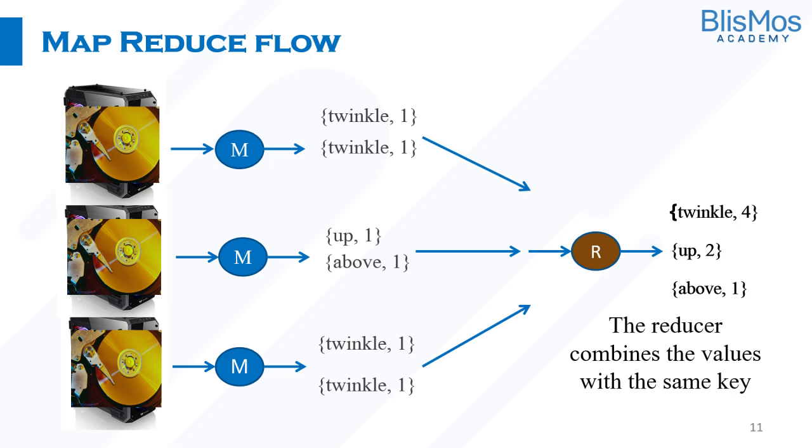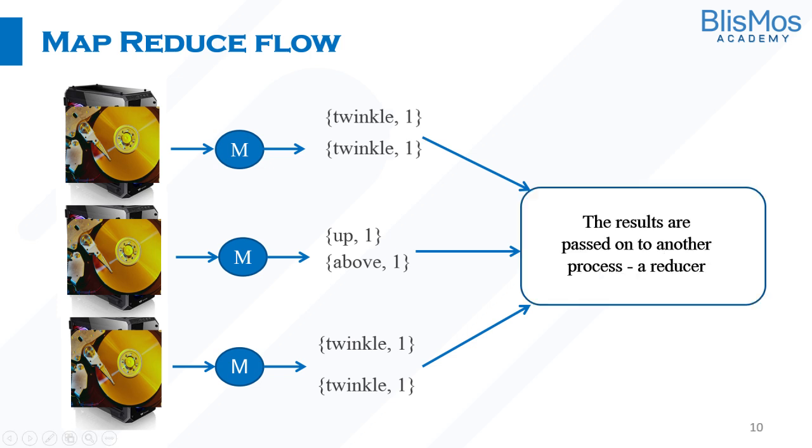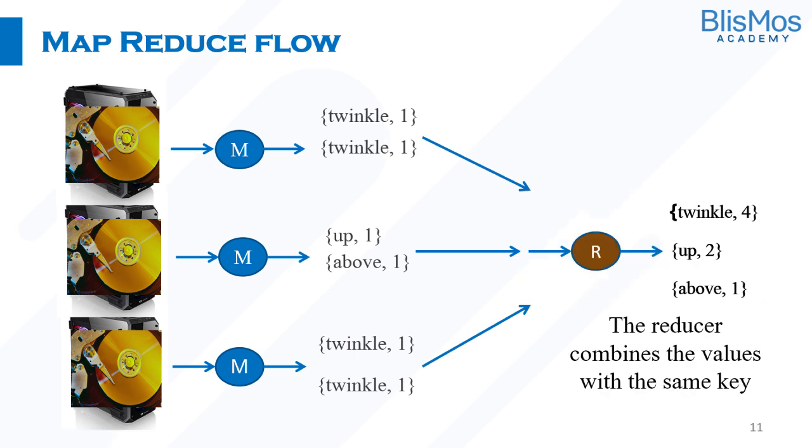Yes, sir. Right? So this is what happens. The final result will be produced by a reducer. This is why it is called MapReduce. So MapReduce is a programming model for distributed processing.